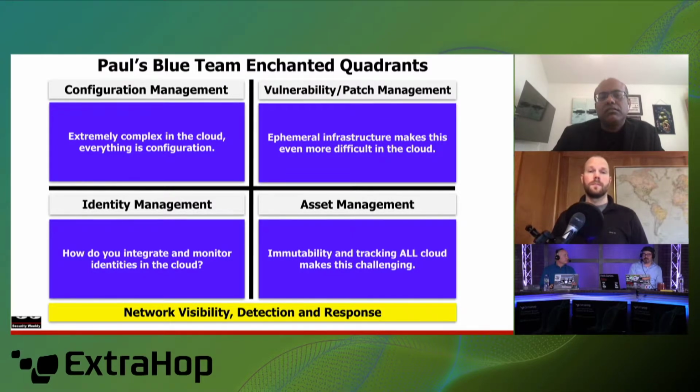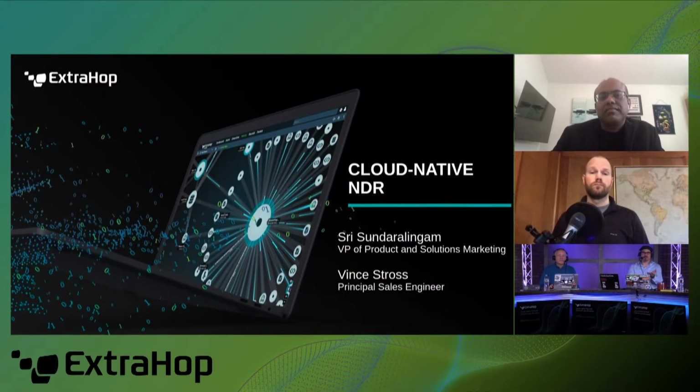Going down to the network level helps make these challenges, I think, much less. And I hope so. I think that's a great segue, put there purposely, to pass the ball over to Vince and Shri to talk about just how we do that in cloud-native environments.